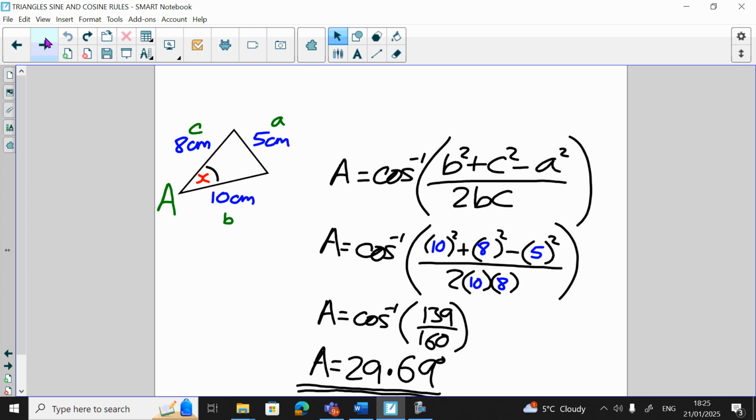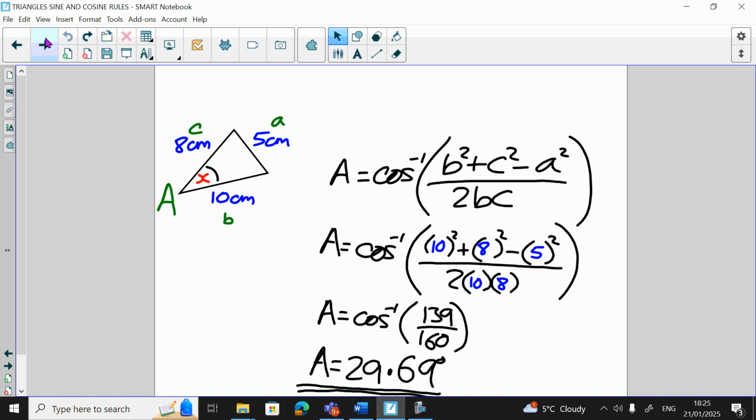Some of you might have went for 29.7. I went to 29.69 there. That's fine. Some of you might want to go to 3 decimal places, be something like 29.686.